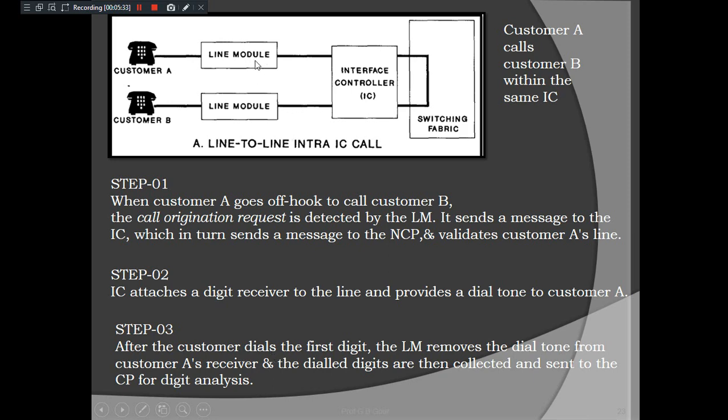After verifying the call origination request as genuine and verifying the customer from the database kept in the NCP, the digit receiving task is done. Once all digits are received, they are verified by the digit analysis code kept in the CP. That is the third step.